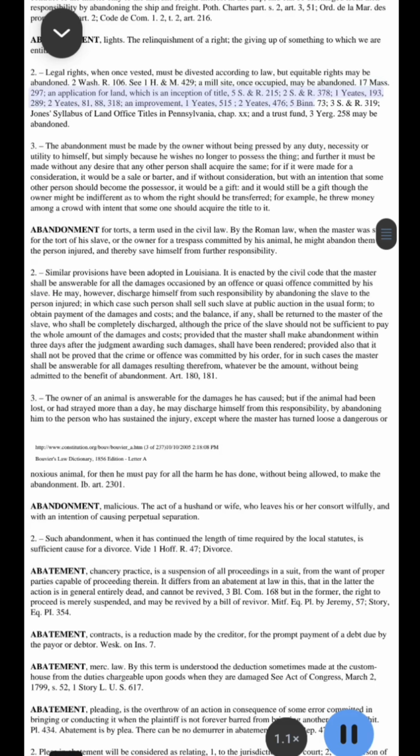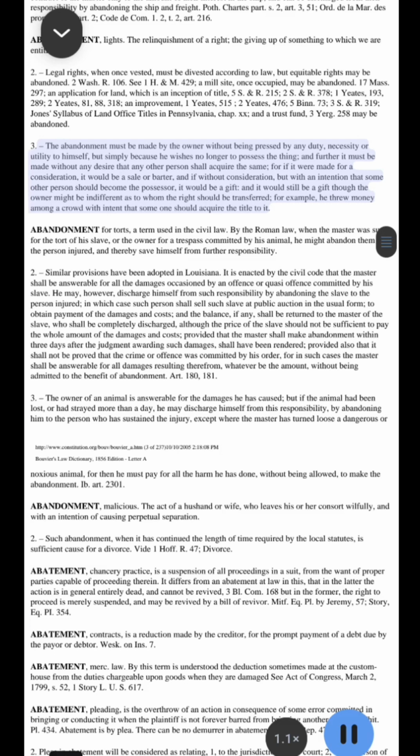An application for land, which is an inception of title, 5 S. and R. 215; 2 S. and R. 378; 1 Yates, 193, 289; 2 Yates, 81, 88, 318; an improvement, 1 Yates, 515; 2 Yates, 476; 5 Bin. 73; 3 S. and R. 319; Jones, Syllabus of Land Office Titles in Pennsylvania, chap. XX; and a trust fund, 3 Yerg. 258, may be abandoned.